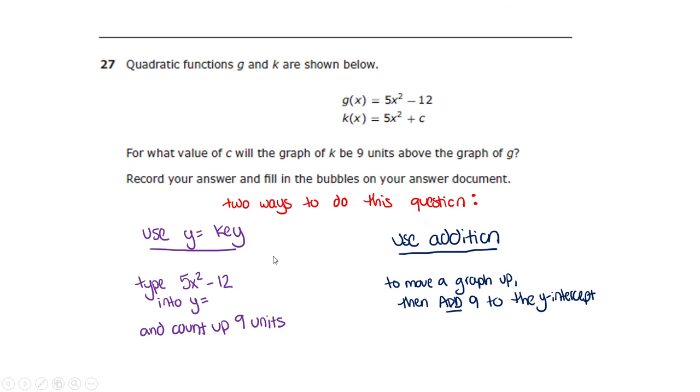You could use your y equals key and count up 9 units. I caution you on this one. It's a little tough to see the answer, but it could work, especially if you use your table as well. Or you can just use addition, but to use addition, you got to know what number to add 9 to, because you're supposed to only add 9 to the y-intercept. That's how you move it up or down.